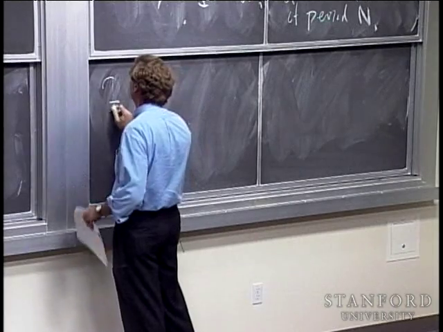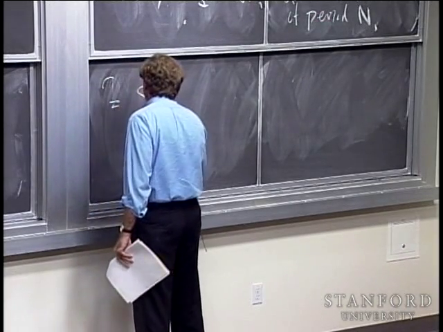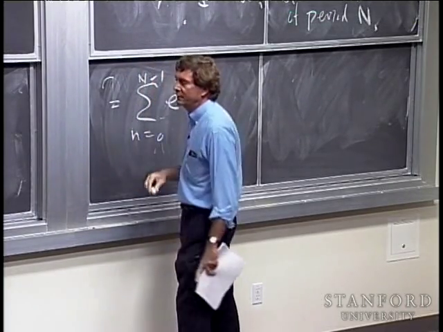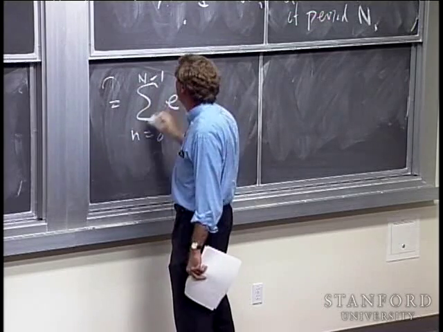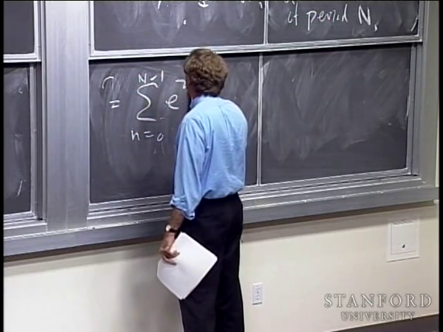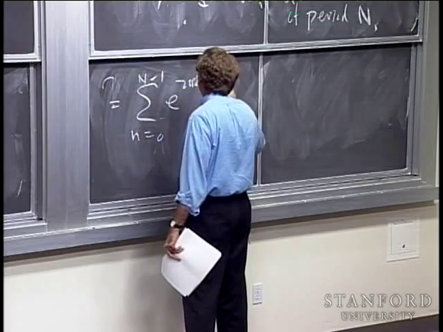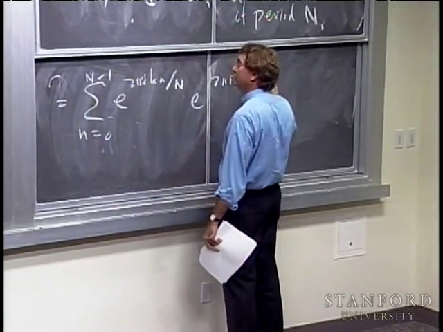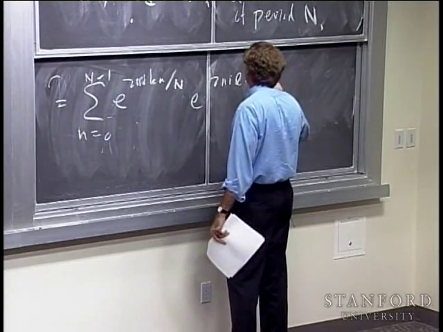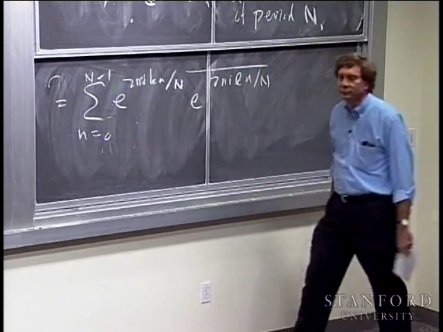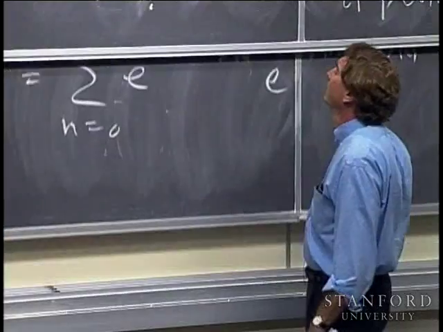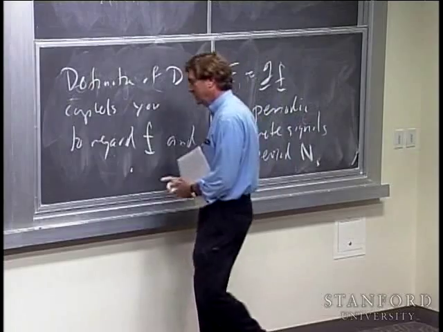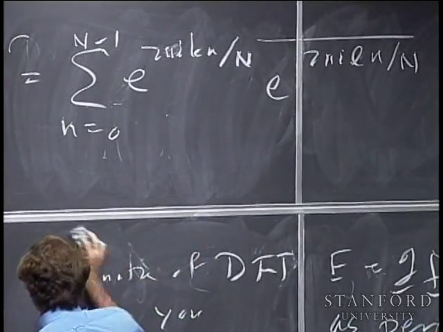This is equal to the sum from n equals 0 to n minus 1. Let me write it in terms of the usual complex exponentials: e to the 2 pi i k n over n times the conjugate of e to the 2 pi i l n over n, which just puts a minus sign in the second complex exponential.